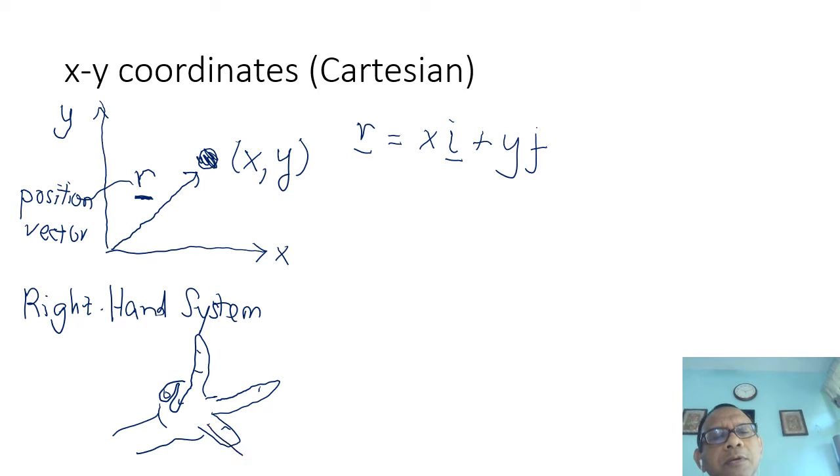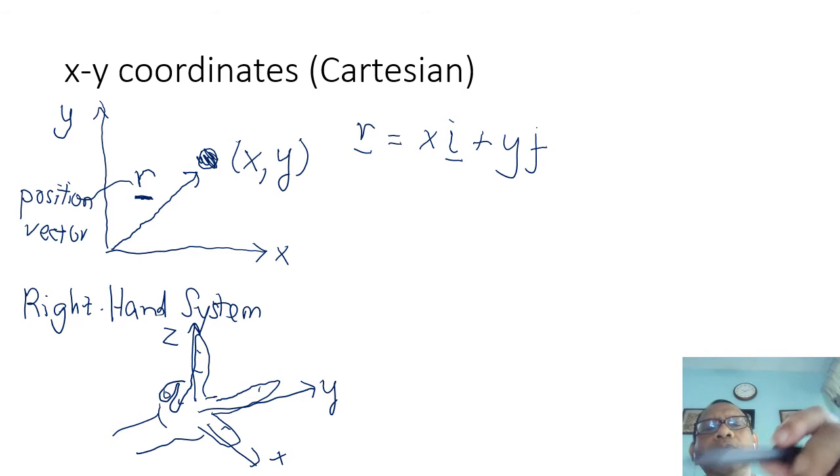So this is x, y, and z axis. So we can also add the z component, x, y, z, and we have the unit vector k represented in the z axis.